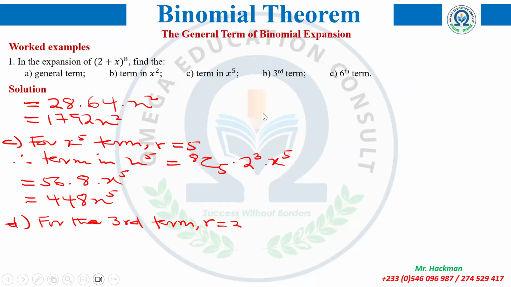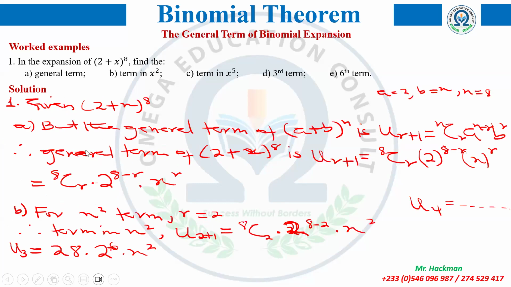If you are looking for positional terms like third term or fourth term, use the sum of the U to determine your R. So if you are looking for the third term, you want U sub 3, because U sub 3 represents the third term, which indirectly we know is U sub R plus 1. So your R plus 1 should be equal to 3, so that your R will be equal to 2. Is that clear?